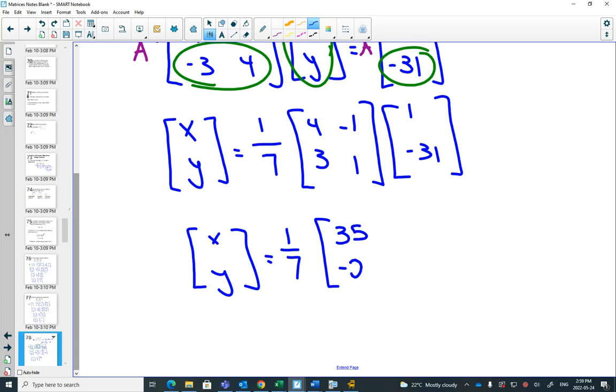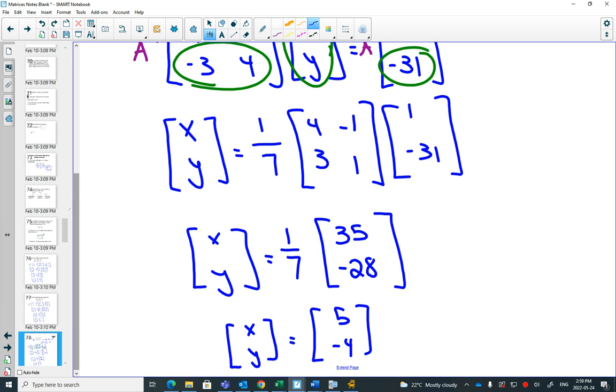Multiply and add, negative 28. You can if you want, but in a matrix question, it's implied from that answer. Yeah. You're going to leave it like that. You know that x is equal to 5 and y is equal to negative 4.